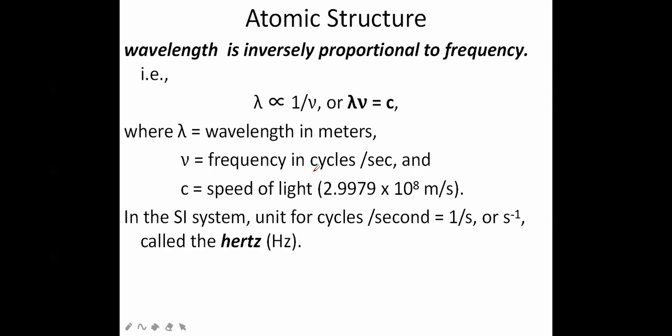SI units: cycles per second for frequency, meters for wavelength, and meters per second for the speed of light. So whenever the speed of light is given in kilometers, or lengths in centimeters, always convert these values to their SI units, then proceed with the calculation.